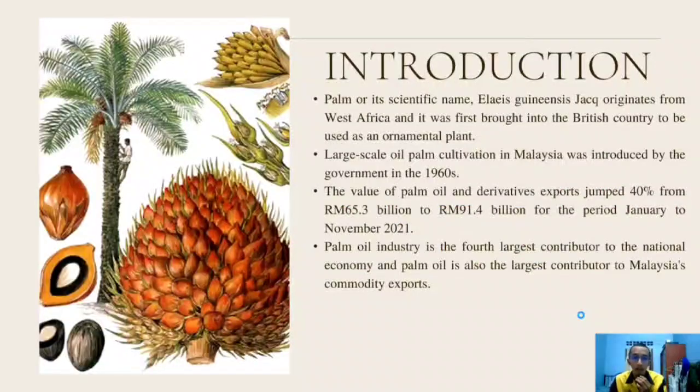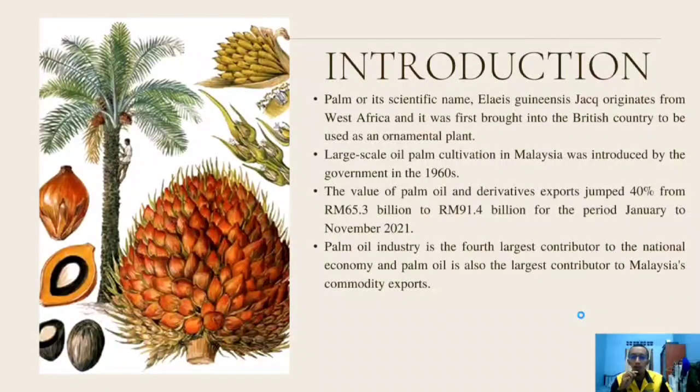First of all, I want to introduce the oil palm fruit, or its scientific name Elaeis guineensis Jacq., which originates from West Africa and was first brought into Britain to be used as an ornamental plant.